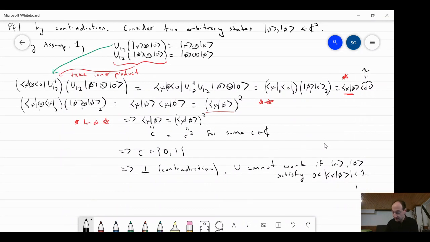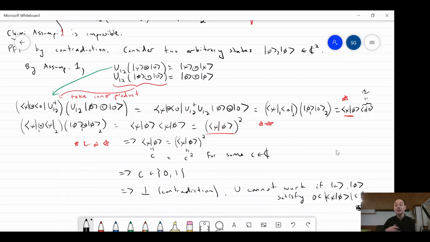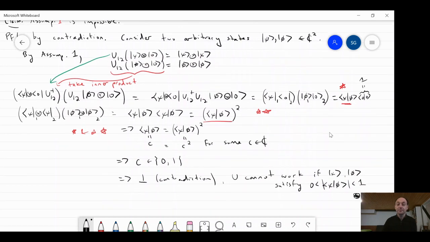And that's the proof of the claim. So we have a contradiction, so the assumption is false. It is not true that there exists a single unitary U, a cloning circuit, so that for any quantum state you give me, it produces a perfect copy of it.